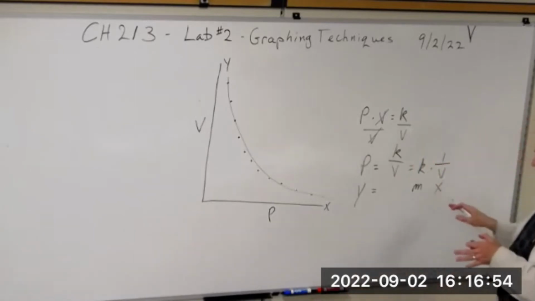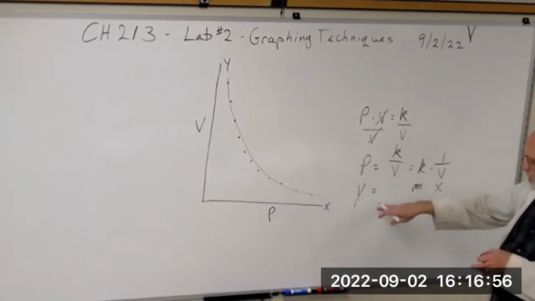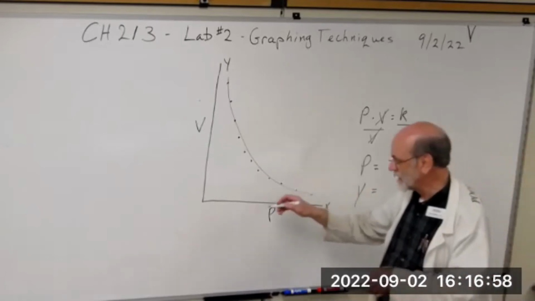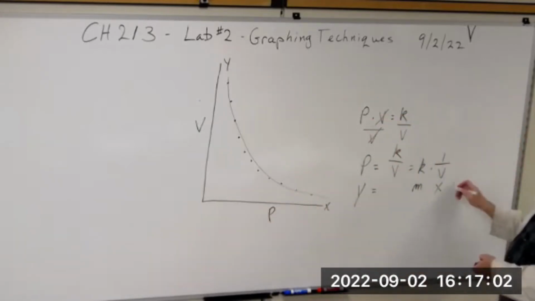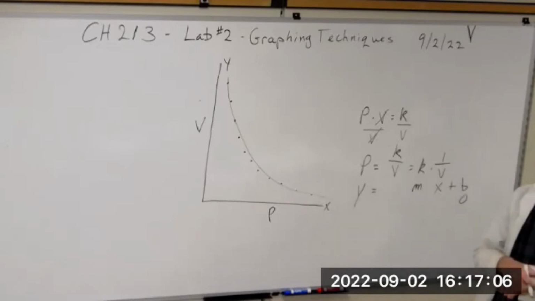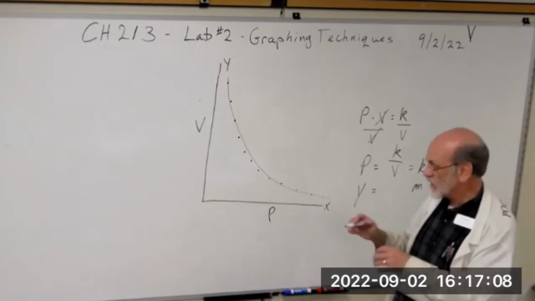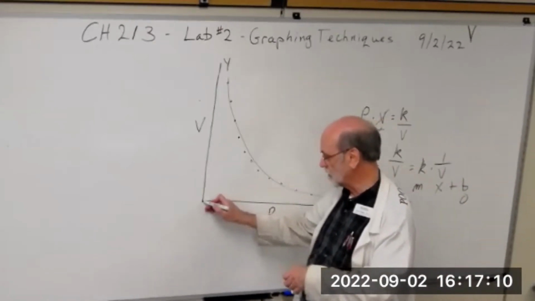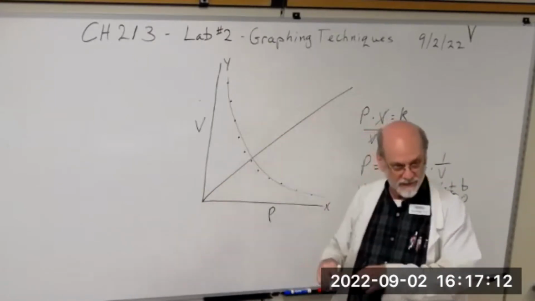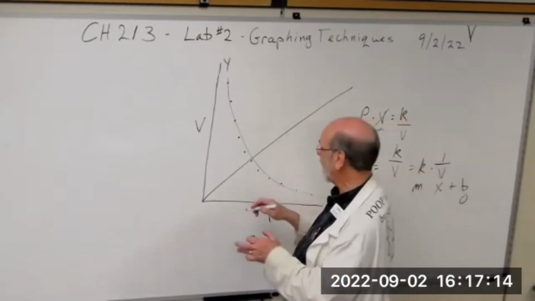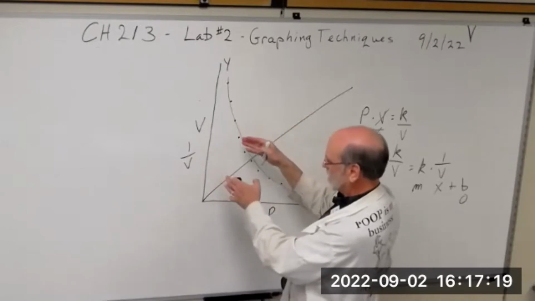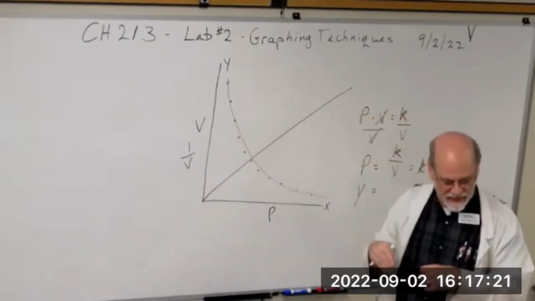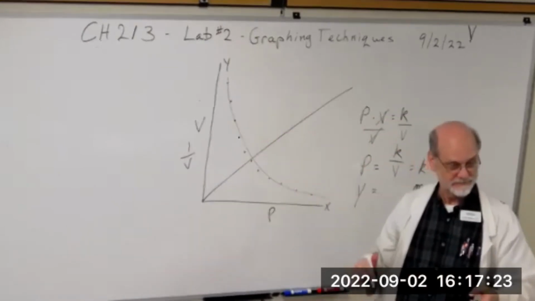And if you do that, you get a straight line. But notice there's no b. Right? So what's b? B is equal to 0. The y-intercept is 0, which means it starts at the origin. That's the transform. And now, rather than v, we have 1 over v on this axis. And that's how you get a straight line.